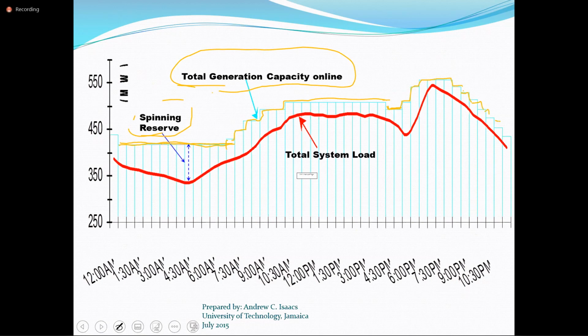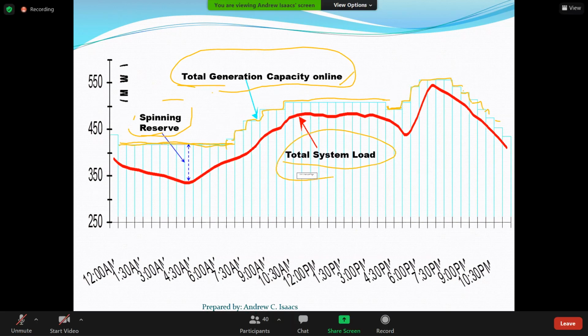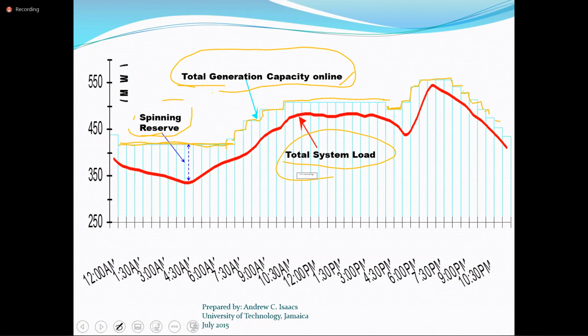But at all times, the generation that is online will be greater than the demand. So the demand or the system load will always be less than what is online. The difference between the demand and what is online, we refer to it as the spinning reserve. All right?